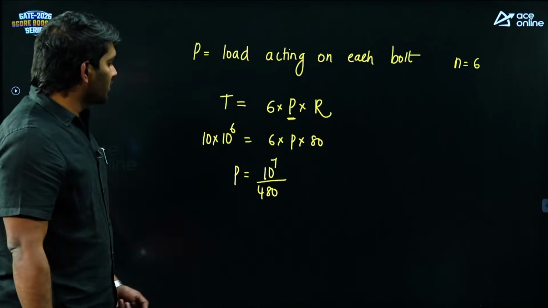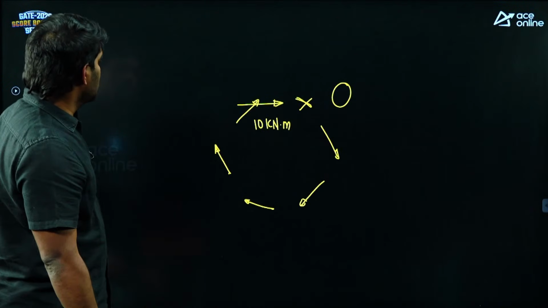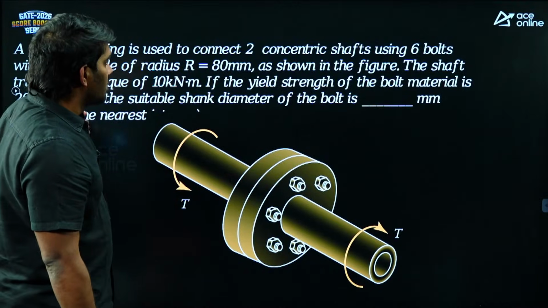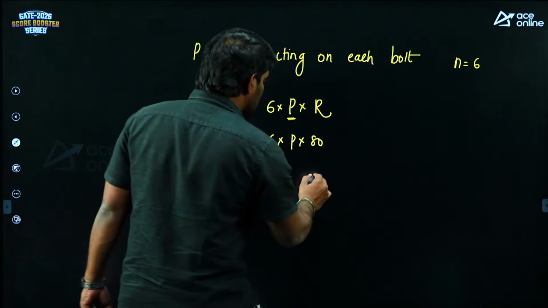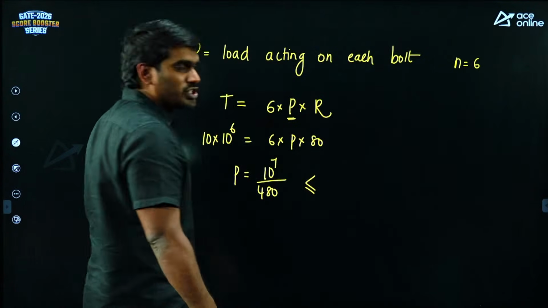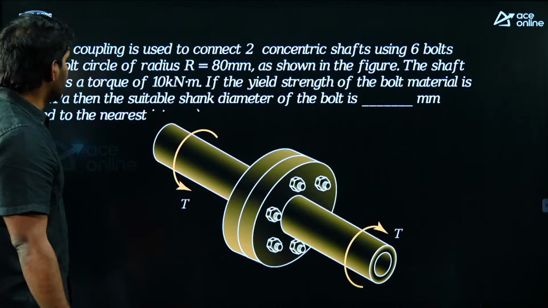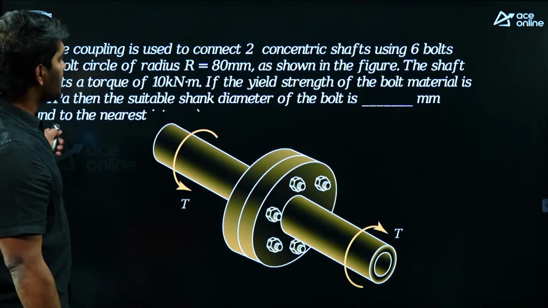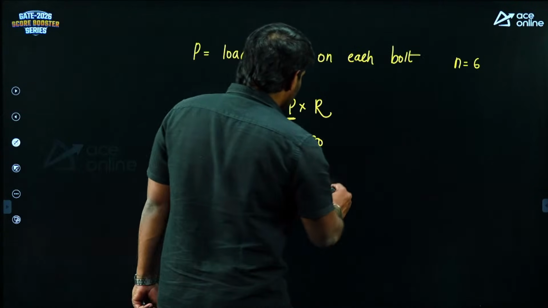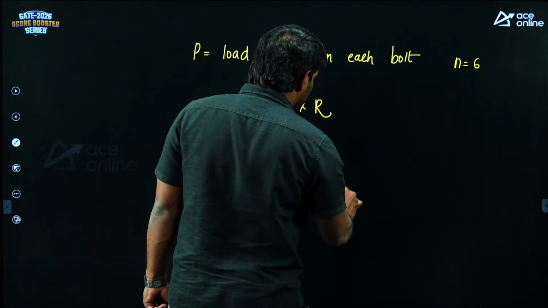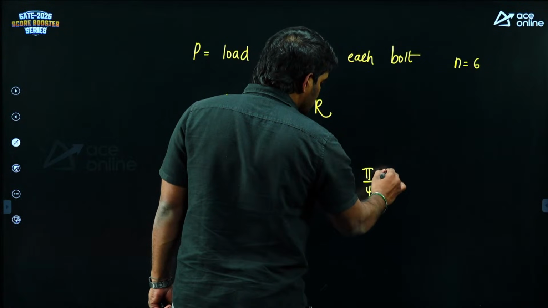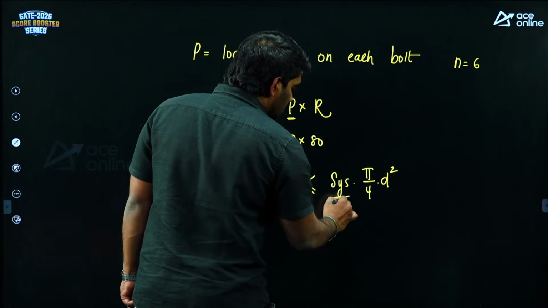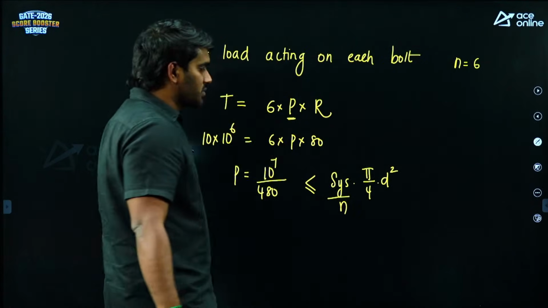Now as we have got the value of P, what is he asking? We know that the load acting on the bolt should be lesser than or equal to its shear strength. What is the equation for shear strength here? This load should be lesser than or equal to SYS into pi by 4 d square, and if you are considering factor of safety, the factor of safety comes.